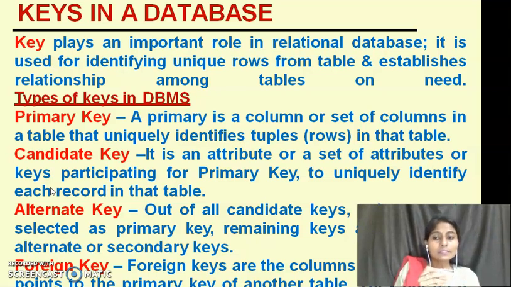So there is the possibility that more than one candidate key can be available in the table, but at a time one candidate key combination will play the role of the primary key, and at the same time the remaining candidate key combinations are known as the alternate keys or secondary keys.